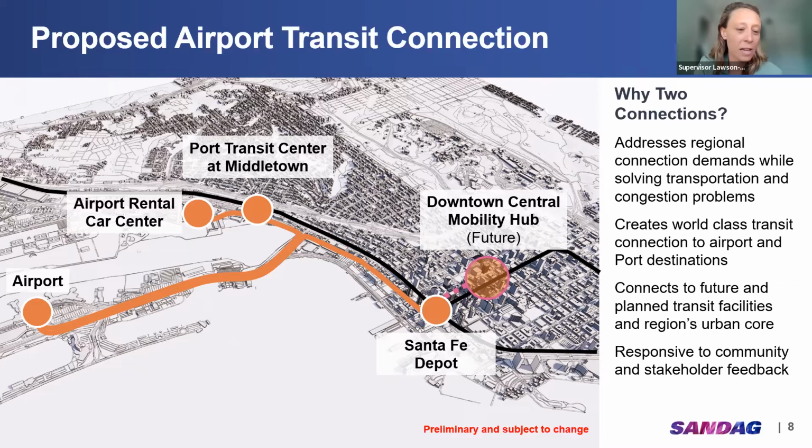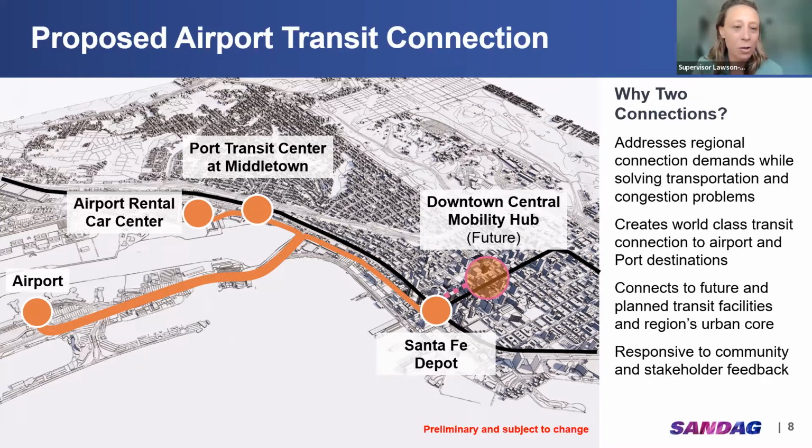I think about that connection with the Amtrak, obviously I'm representing a lot of North County. And so thinking about that connection coming from the north, that you don't have to go downtown south to Santa Fe, I think that seems like a pretty important consideration. And again, I think what you've outlined is really elegant, and it makes conceptual sense with this Port Transit Center now that you've better explained it.